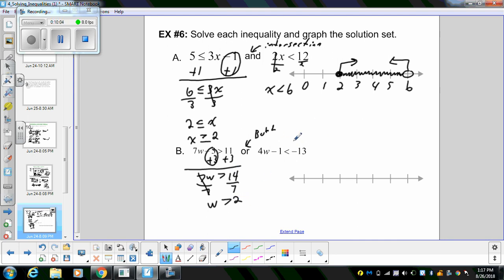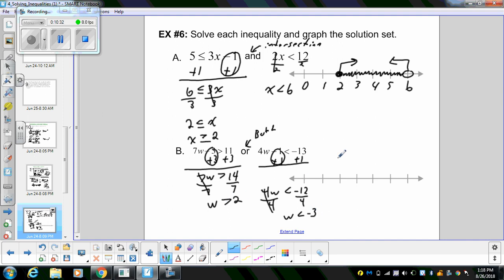Over here again, I'm going to get rid of my constant first, so the inverse of subtracting 1 is adding 1. I'm going to write it below the number line. That gives me 4w is less than negative 13 plus 1, which is negative 12. Then I get rid of my coefficient by dividing. So w is less than negative 3.